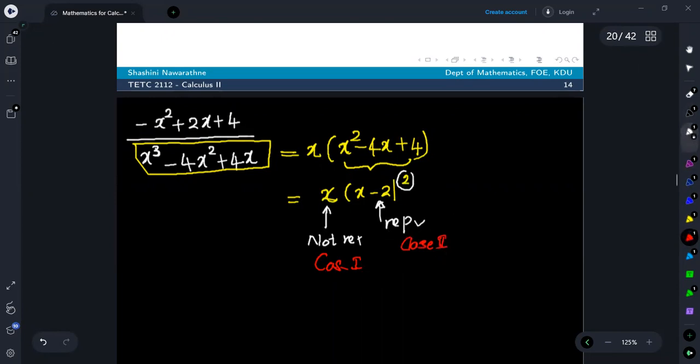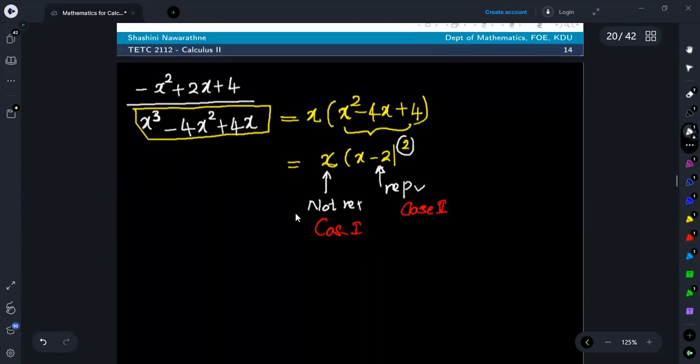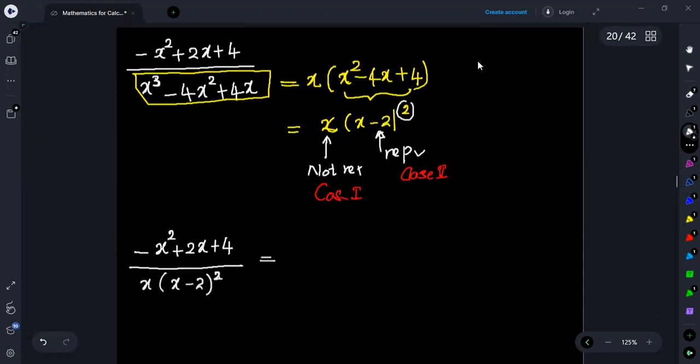So let's see how to write the expression for obtaining the partial fractions of this example. Our numerator is -x^2 + 2x + 4, and the denominator factors are x times (x - 2)^2. We can write the expression to obtain the partial fractions according to each case.